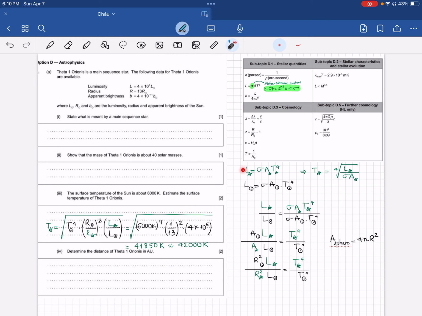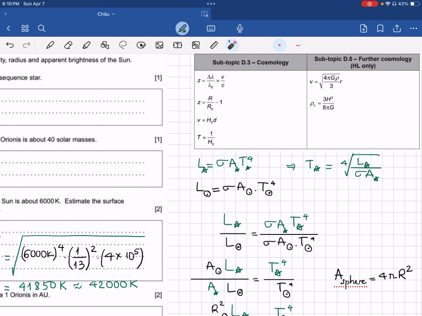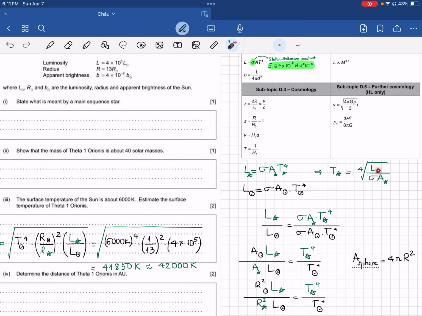Actually, if we use this equation to solve for the surface temperature, we should get the fourth root of this ratio. We just move this one to the other side and then take the fourth root of it. But do we know the luminosity of the star? Yes, we know. Do we know the area? Not really.